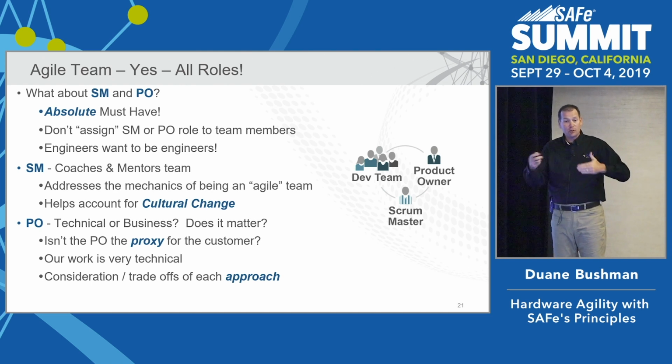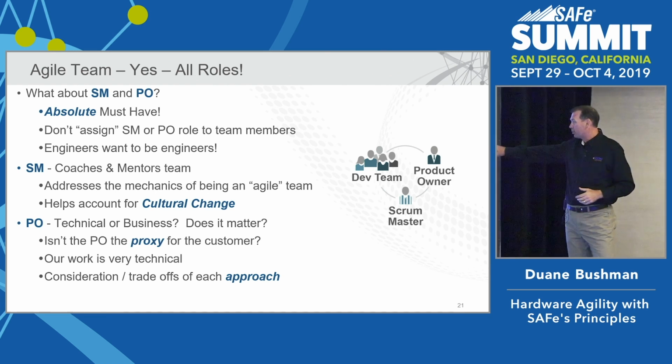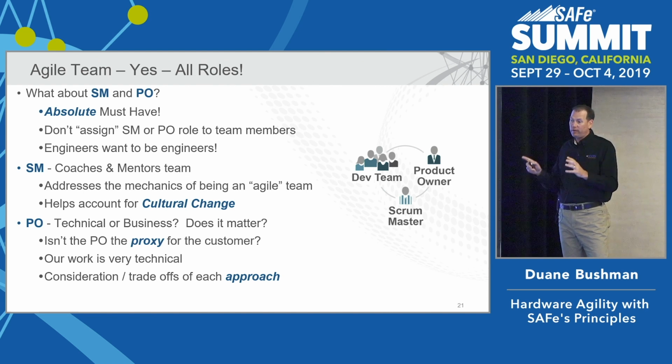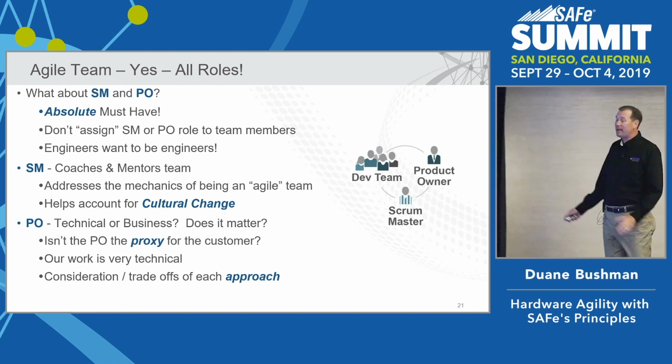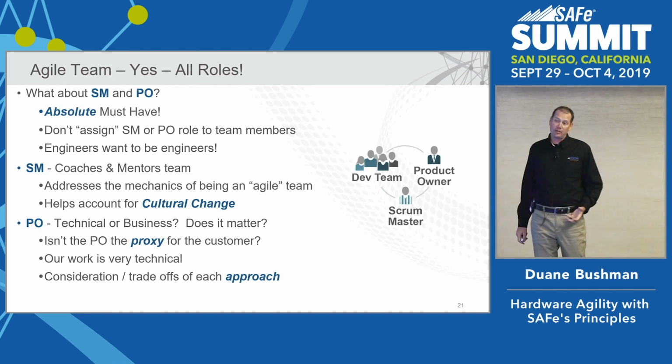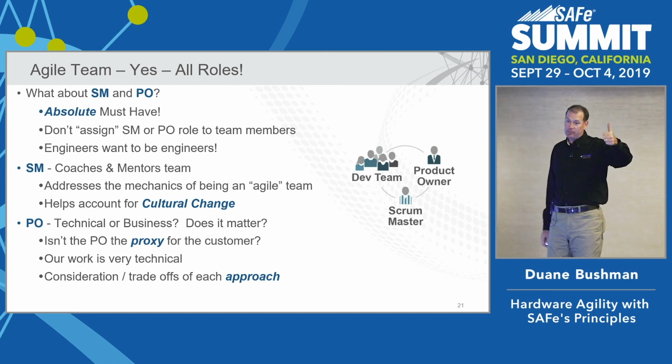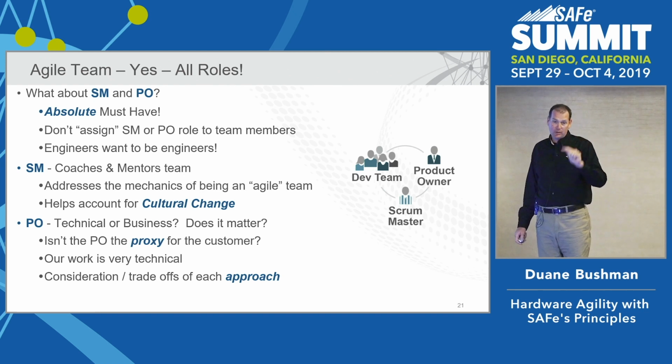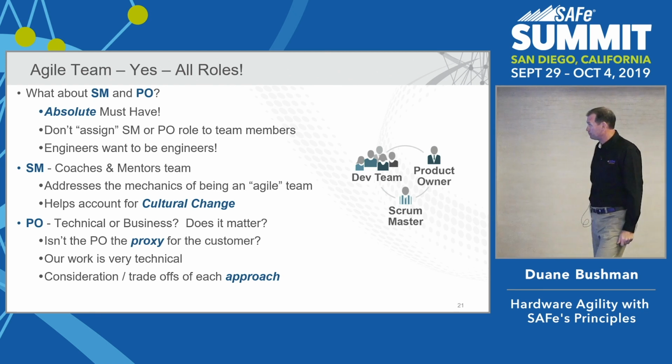So your context, your mileage may vary. Give it some thought in terms of that. But it's really important that we have the role in place, someone that does the care and feeding with the team in terms of what it is that we're developing, right? So that rounds out the entire Agile team. So you've got the dev team with those considerations, but then you also have the Scrum Master and Product Owner.